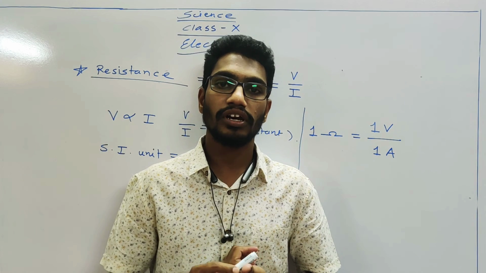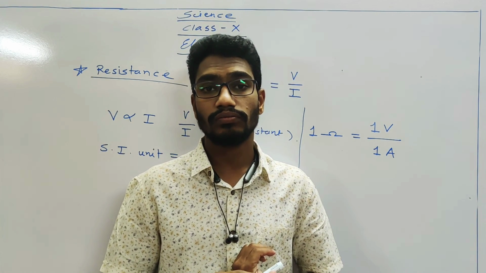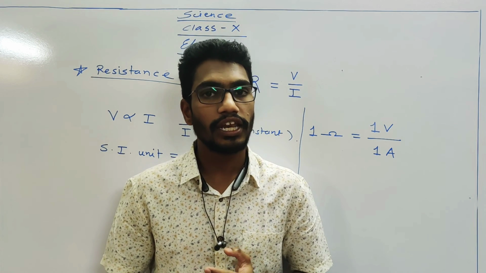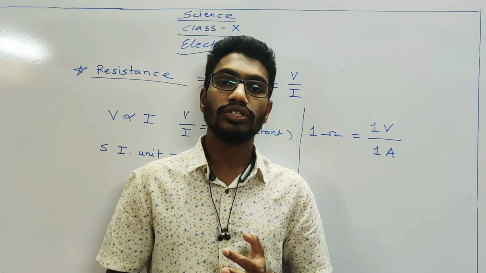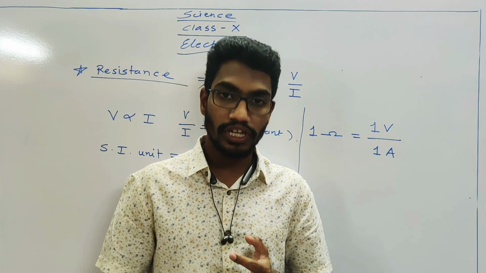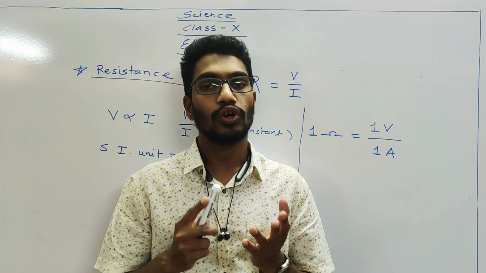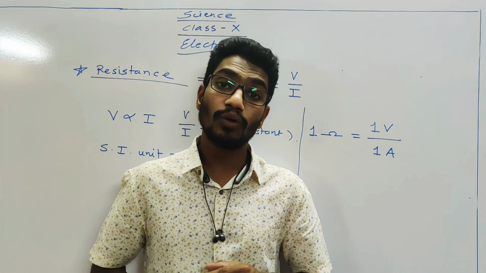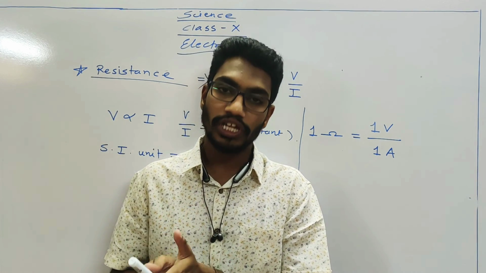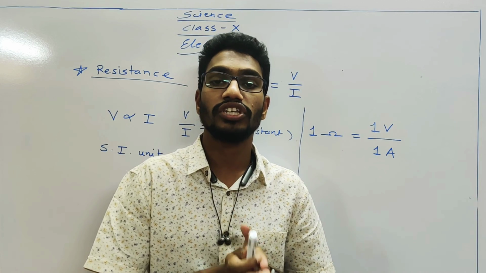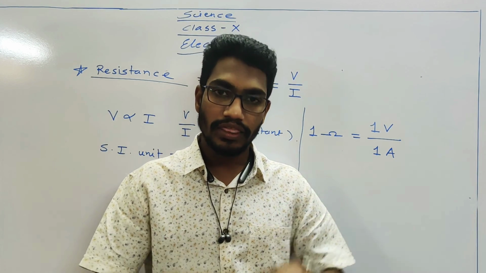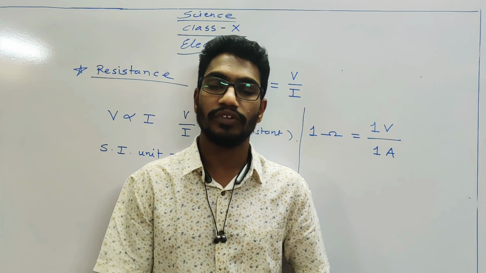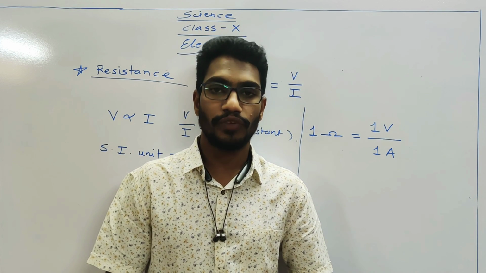Yes, then we learn about charge on a single electron, charge of 1 coulomb contained by 6 into 10 to the power 18 electrons. We learn about potential difference, its definition, its formula, and who provides the potential difference, that is battery. Okay, now the relation between the potential difference and electric current, which is given by the Ohm's law. Then Ohm's law gives us the new physical quantity, that is resistance, that we just learned in this particular video.